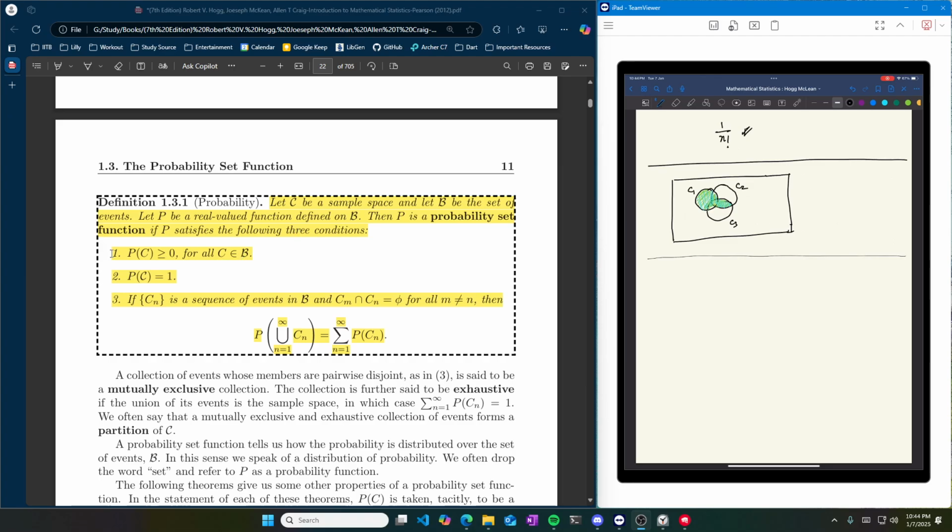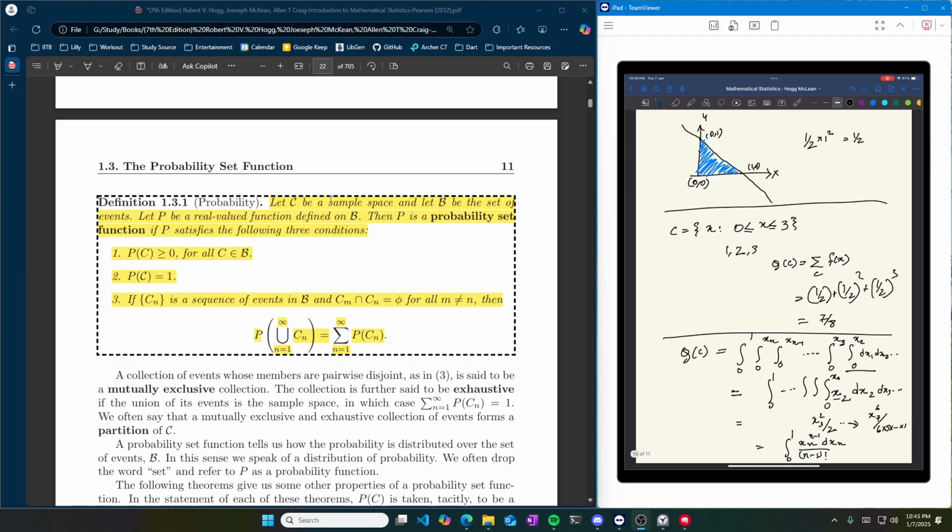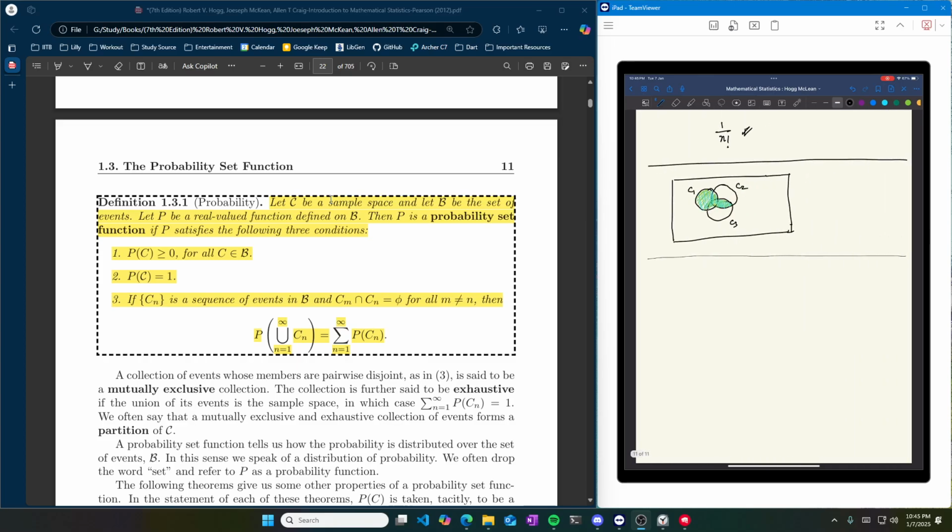Okay. So the probability function is something similar to the set function. You remember the Q functions like this. Now instead of Q, it would be probability of something, probability of a set. So C be the sample space on which we have the set of events.